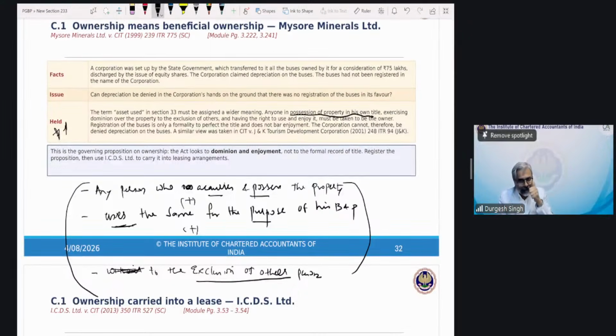Reason being, he has acquired the property, he is possessing it, and he is using it for the purpose of his business and profession to the exclusion of other persons. Always keep this point in mind. If this is there, then whether registration has taken place or not, and whether title transfer has happened or not, these concepts will become irrelevant. This is what we need to see.